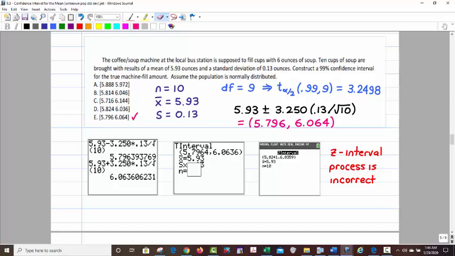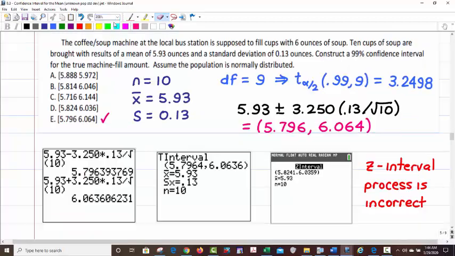Like I said, I'll be doing another one in a minute. But this one was an example of something I mentioned earlier that may or may not happen. If you couldn't find the right answer, it may be because of using Z or T. Here, if you did the Z interval process, it yields answer D. If you did the Z instead of the T, it's answer D. So you wouldn't even know that you did it incorrectly.